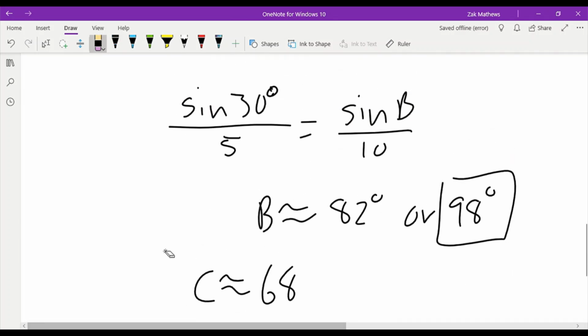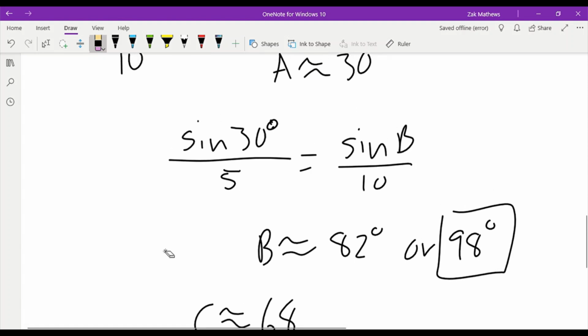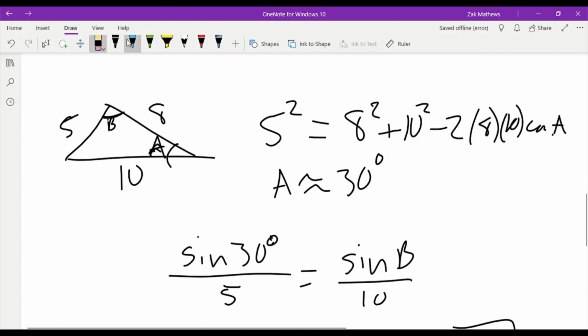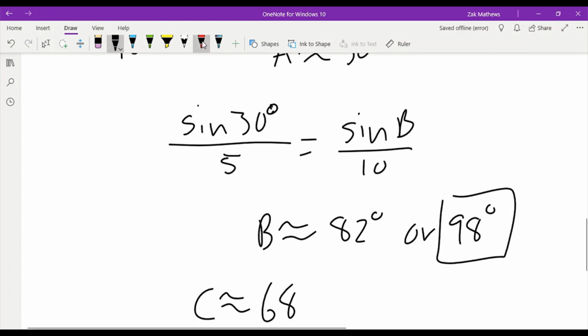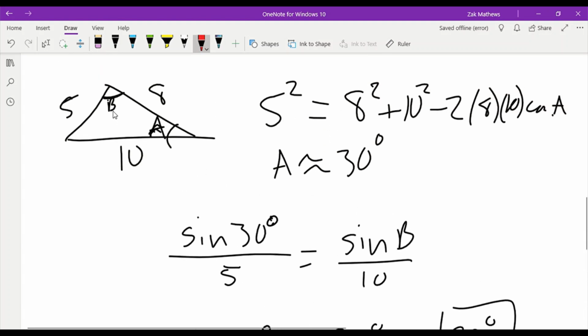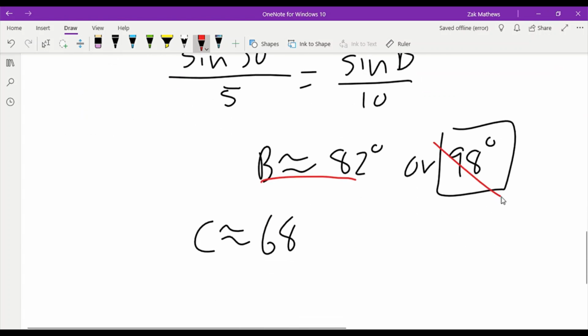And on this problem, there's nothing to tell us even that 68 is wrong, because if we look at those ratios to sides, we know that 10 is the largest side, so B has to be the largest angle, even if we said the 82, which, remember, we're falsely saying it is, that is the largest. The 68, which is the third angle here, the C, what I'm calling C across from 8, that second largest makes sense, and then the 30 is correct, but the 82 is not correct.